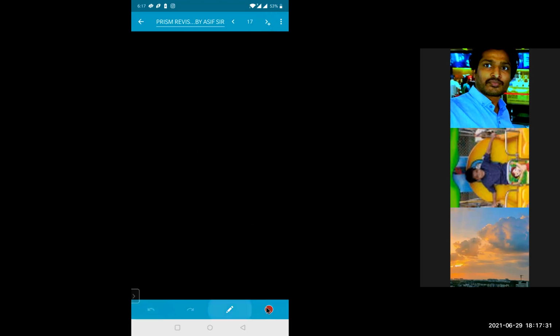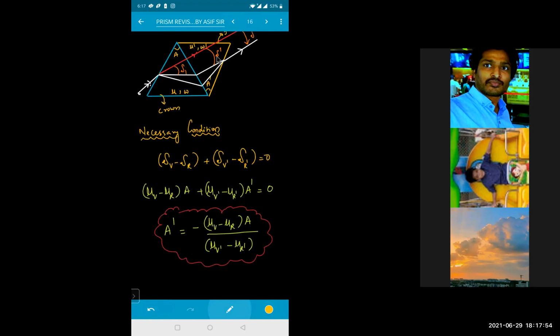Now tell me what will be the net deviation in this situation. Net deviation will be equal to what? Deviation in the first prism plus deviation in the second prism. This δ1 plus δ' will give me the net deviation.